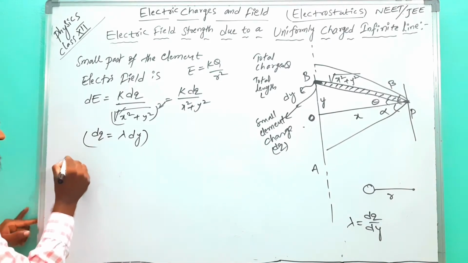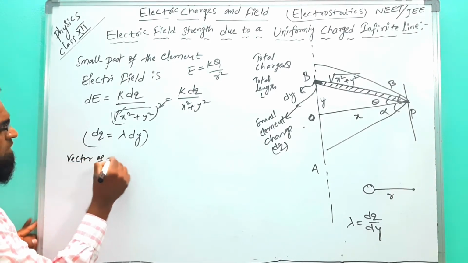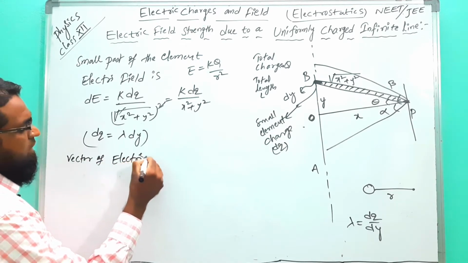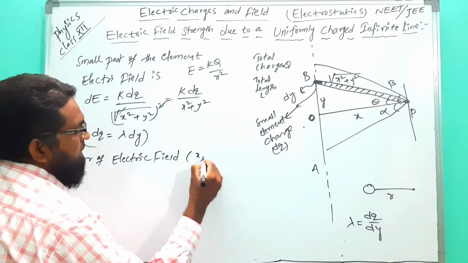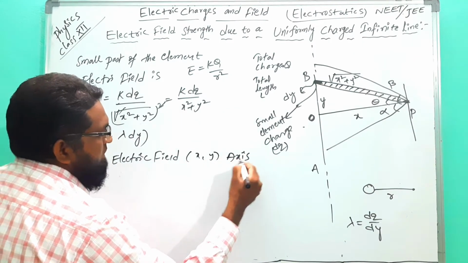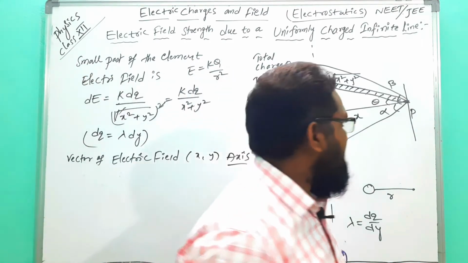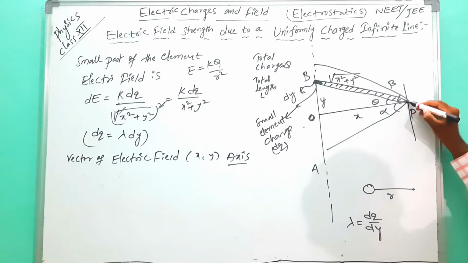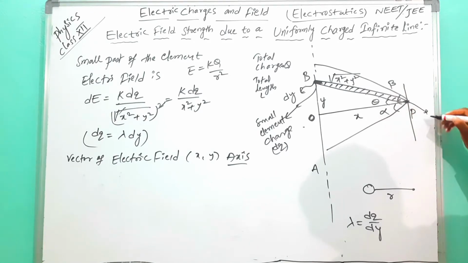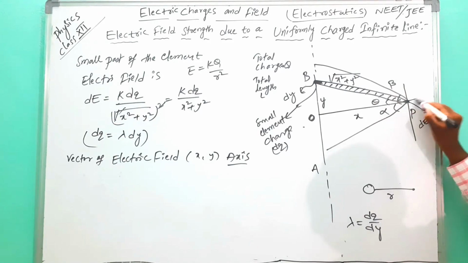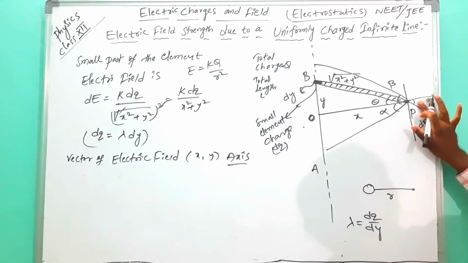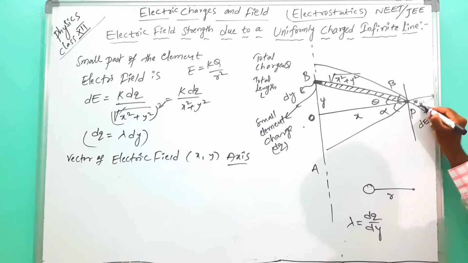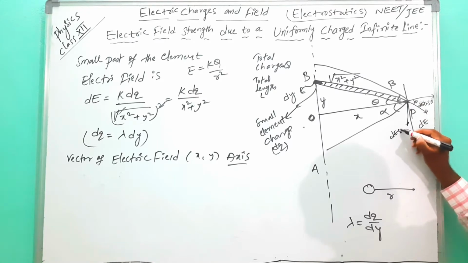Next, the vector form of the electric field, with x axis and y axis components. See here, at the P point due to the small element, the electric field is dE, and the horizontal component is dE cos theta, and similarly the vertical component is dE sin theta.